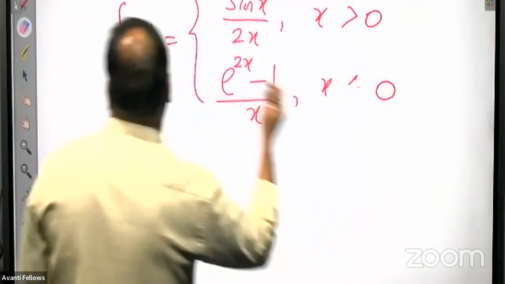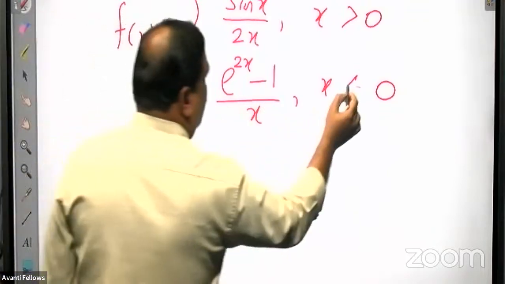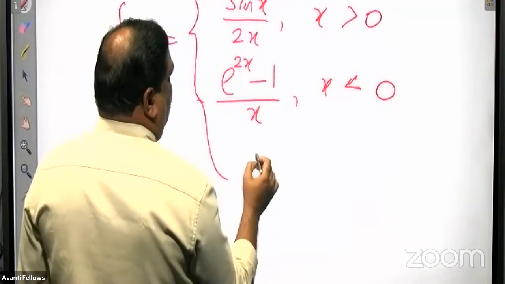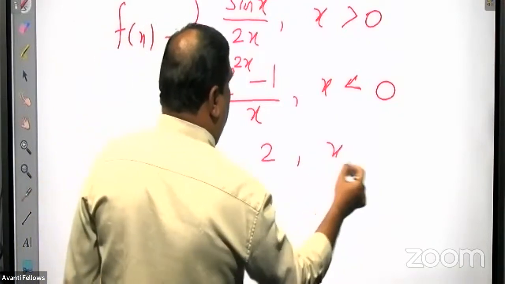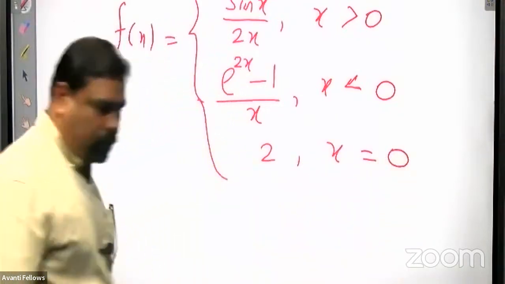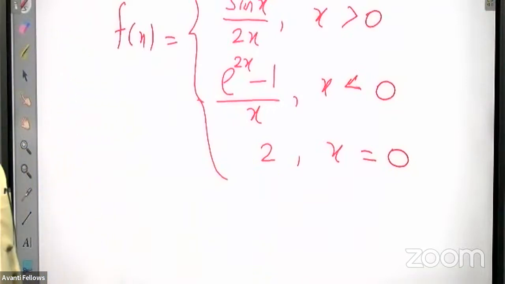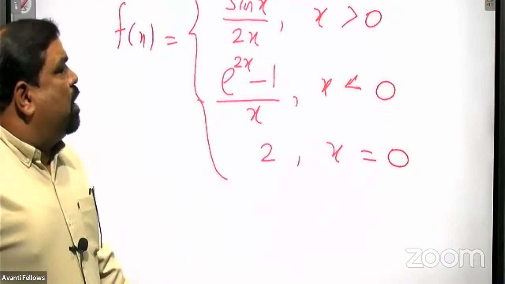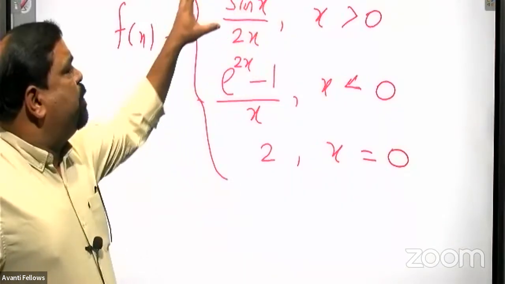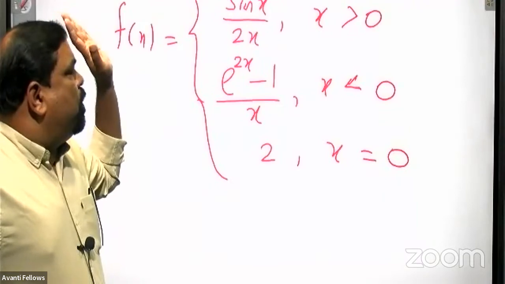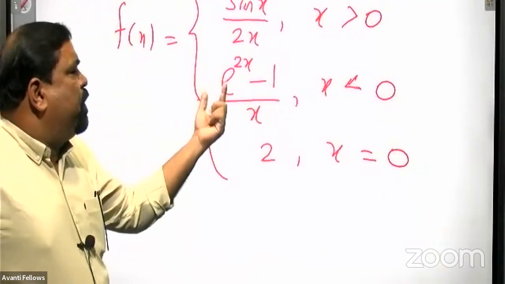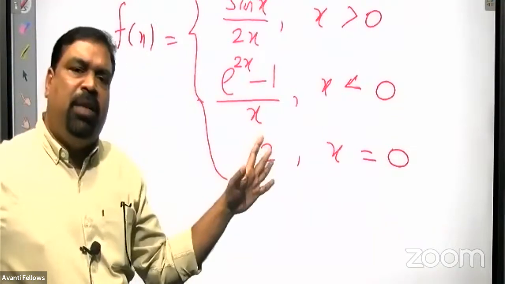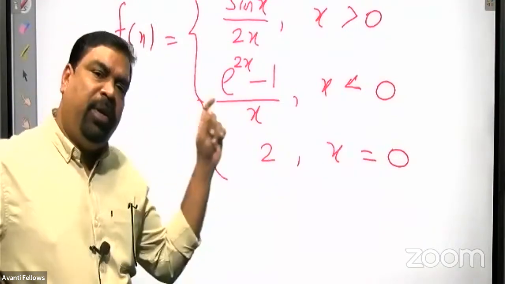And also the value is 2 at the point x equals 0. So for x greater than 0, the function is sin x by 2x. For x less than 0, the function is e power 2x minus 1 divided by x. For x equals 0, the function is 2. So check the continuity of this function at the point 0.